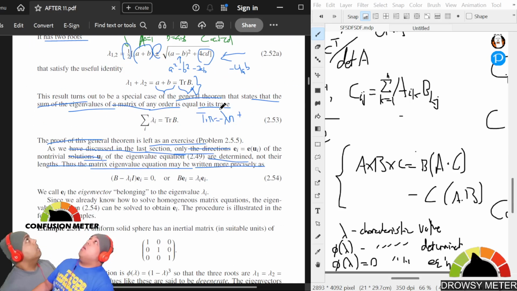The determinant equals 0, so the 0 doesn't change.